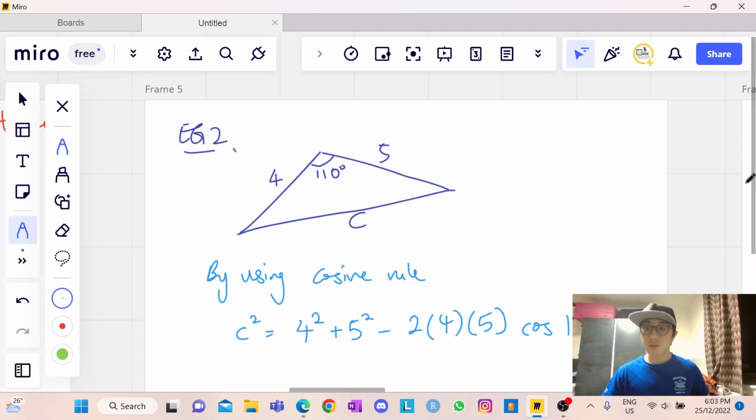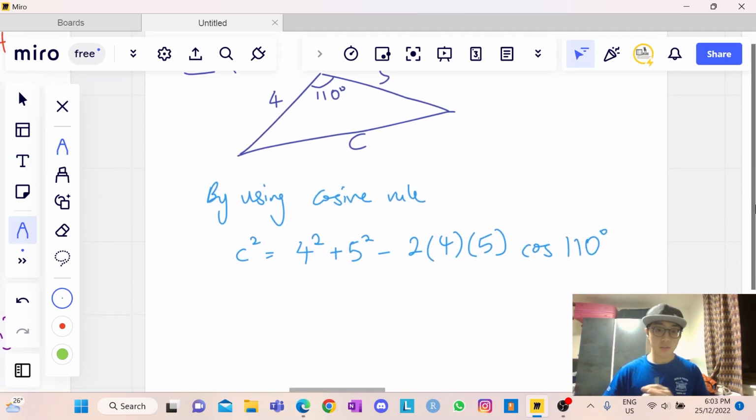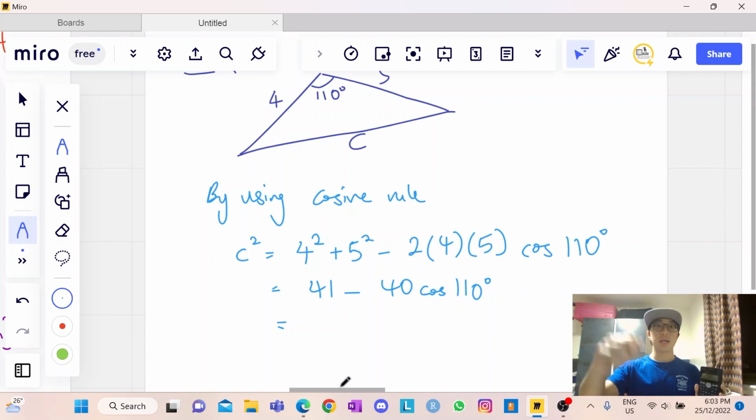So you can press the calculator, and this will give you 16 plus 25, 41, minus 40 cos 110. And cos 110 will give you a negative number, because from cos 90 to cos 270, it's a negative number.